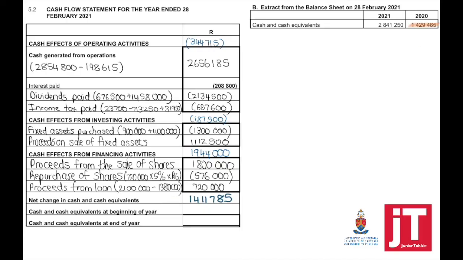Our cash and cash equivalents in the beginning was given to us. The cash and cash equivalents at the end is given to us. If you take the net change plus the cash and cash equivalents in the beginning of the year, it should equal exactly the same amount.